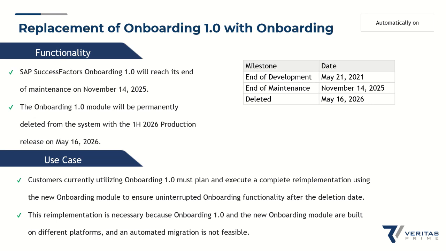It's not an automatic upgrade due to the different technology involved. The use case is simple: to ensure your onboarding process continues without interruption after the retirement of the legacy 1.0 system.